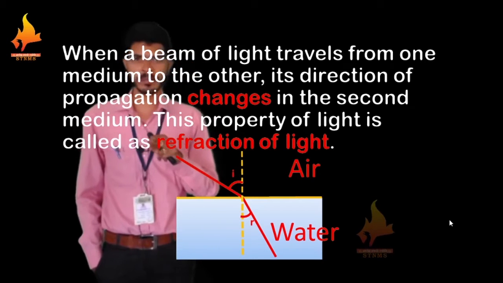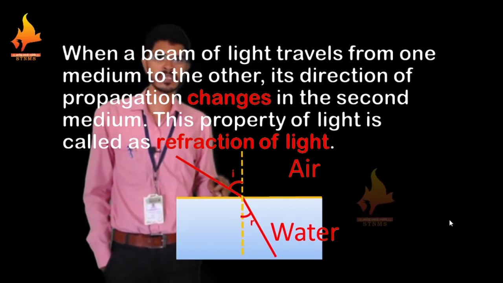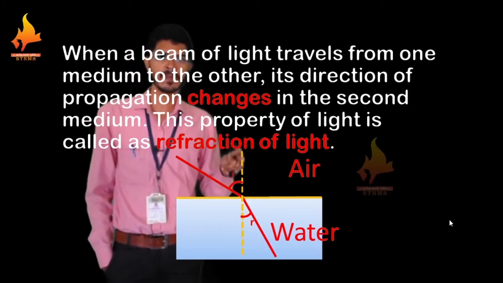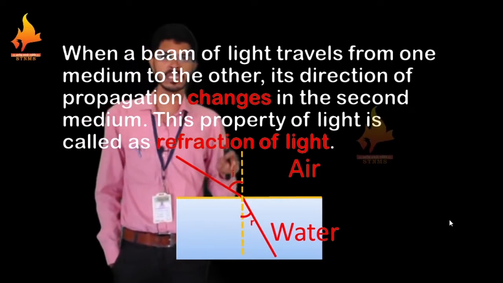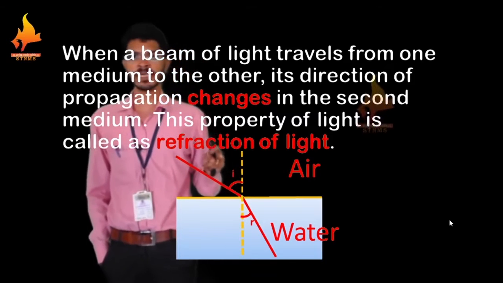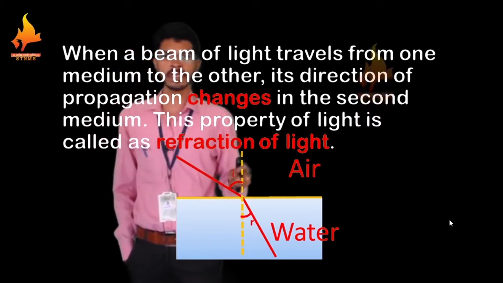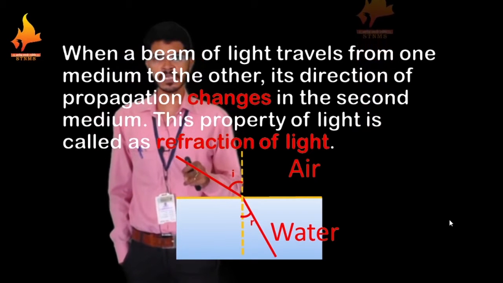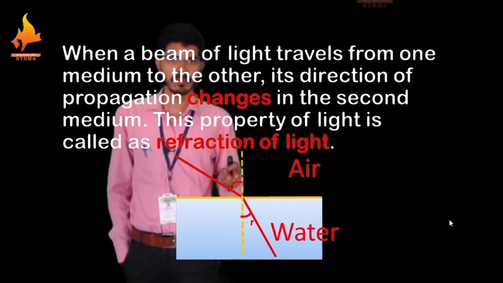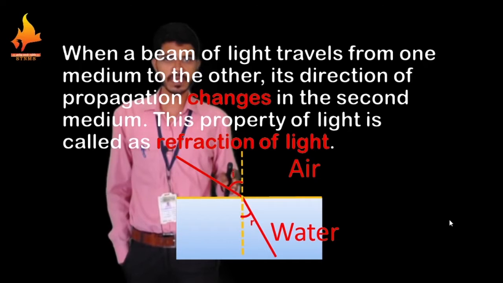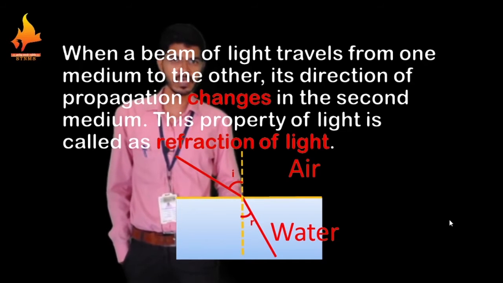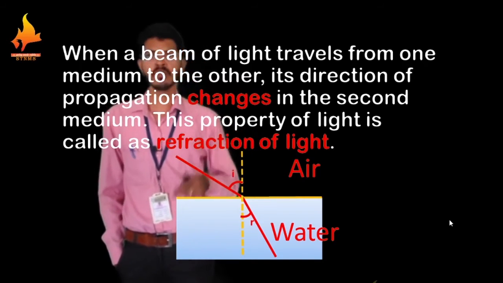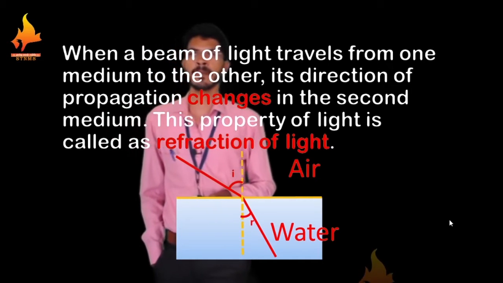If you carefully observe, this incident ray is away from the normal. This yellow colored imaginary line about which I explained at the beginning, we call a normal. But when the same ray enters into the water, we observe that the ray is moving towards the normal.